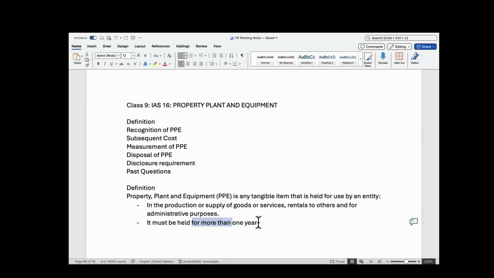Now, having seen this definition, it depends on how well you can apply it, depending on the industry you belong to. Those in telecom, for example, have telecommunication cables, especially fiber optic network providers. Those are cables that they use to connect everybody.